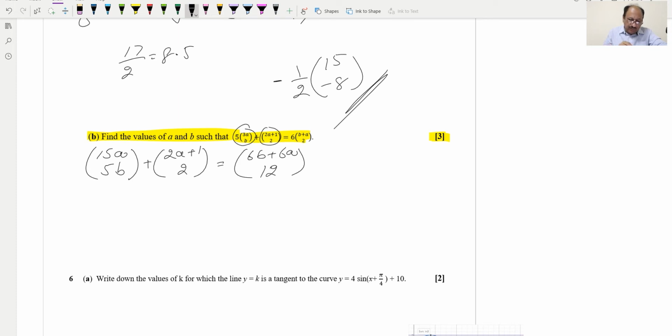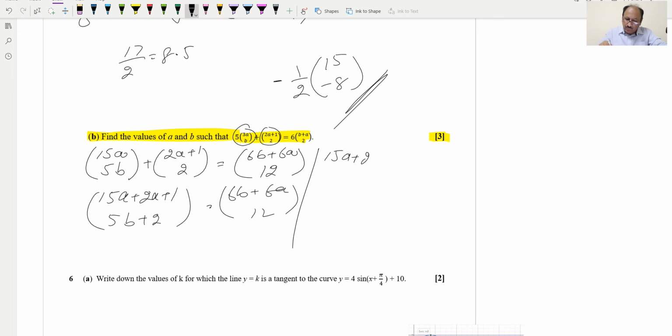And now we can add this: 15A plus 2A plus 1, and this will be 5B plus 2, and this is equal to 6B plus 6A, and this is 12, and we can compare them, and 15A plus 2A plus 1 is equal to 6B plus 6A.